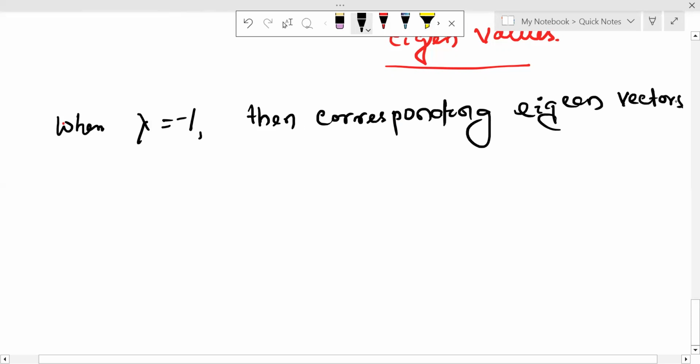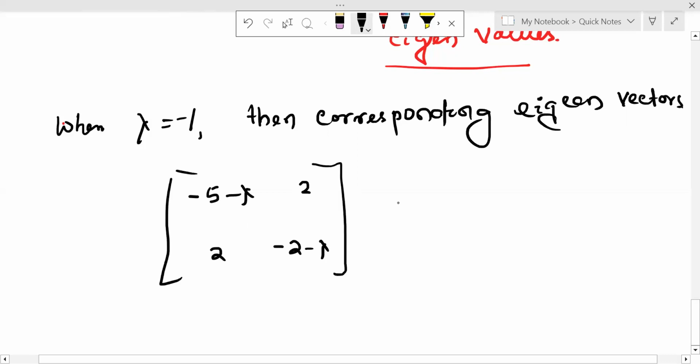A minus lambda I is -5 minus lambda, 2, 2, -2 minus lambda, whole into x1, x2 is equal to 0.